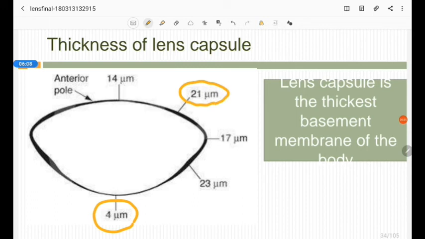Anteriorly it is around 14 microns. At the equator, it is 17 microns. At the paracentral areas, like this is the central and adjacent area, these parts of the capsule are the thickest, which is around 21 to 23.